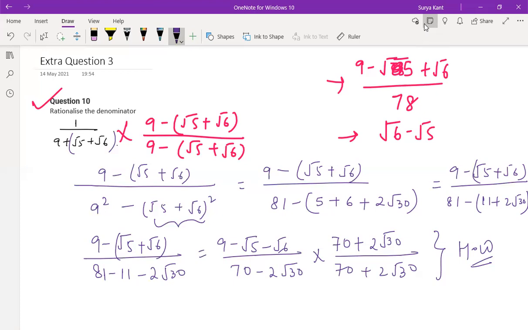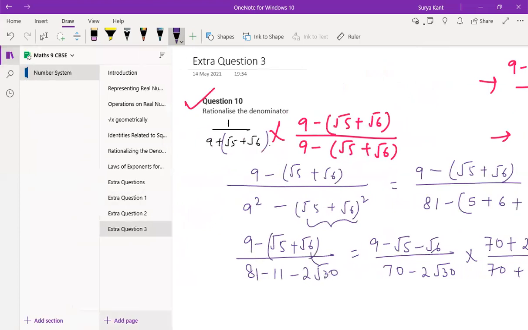Sir, you can't write it in p by q form, since there's no square root, you can't simplify it, and root 2 cannot be considered as p by q form. But you have to thoroughly prove why it is. So root 2 is an irrational number.